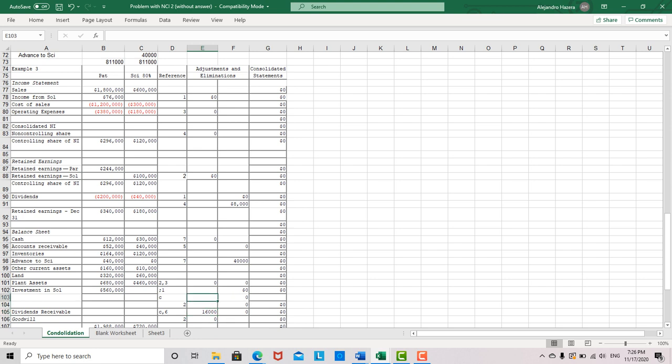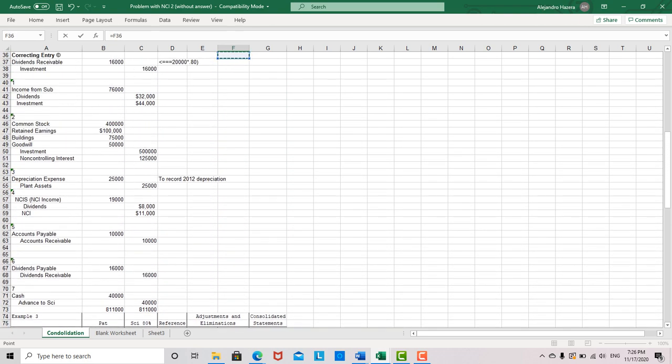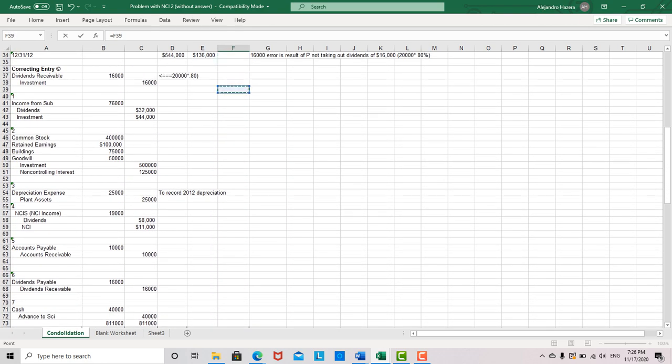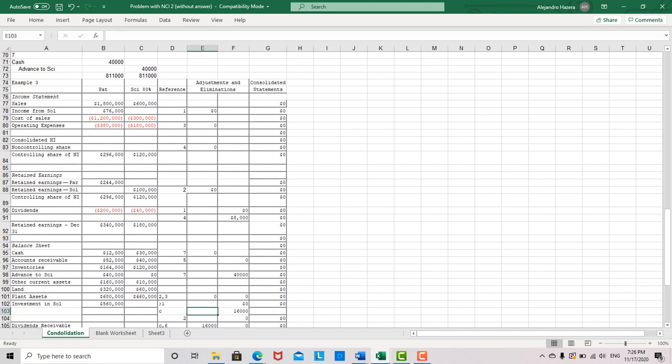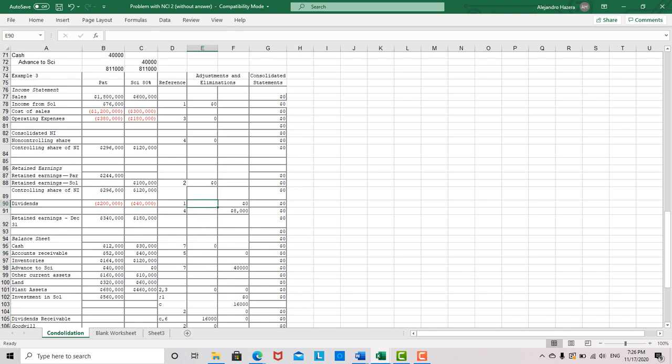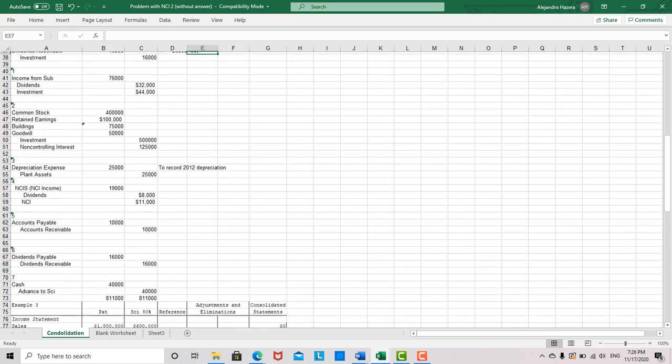And we're going to credit the investment account for $16,000 because the parent did not make the equity method journal entry. Okay, so after you've made that entry, then you can finish with the big four entries.